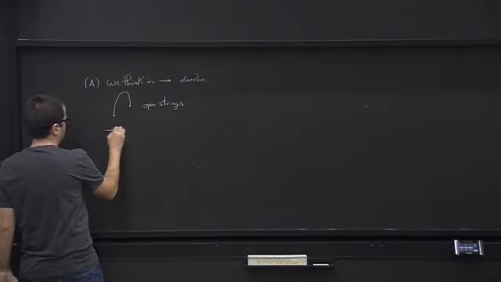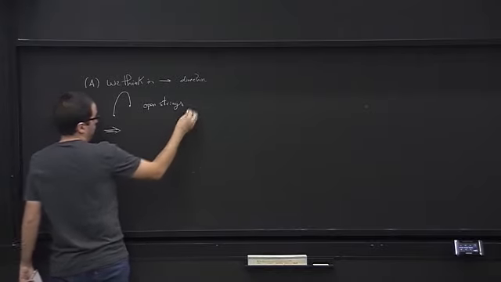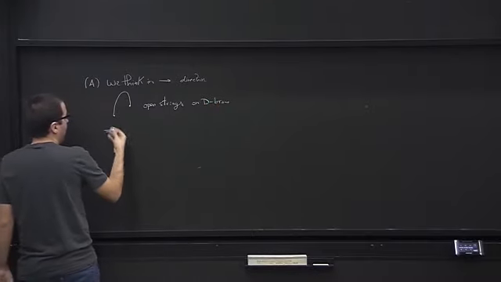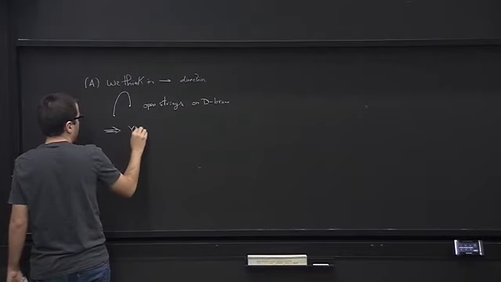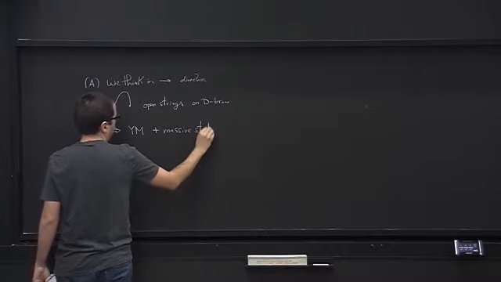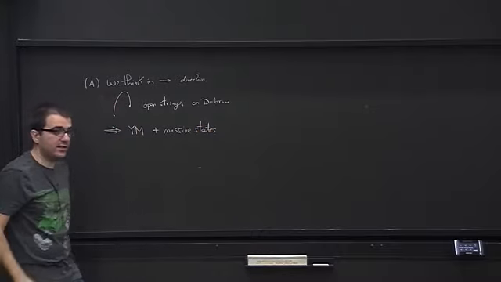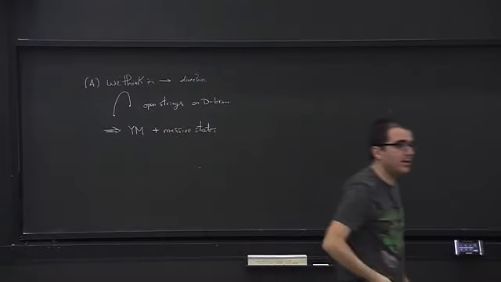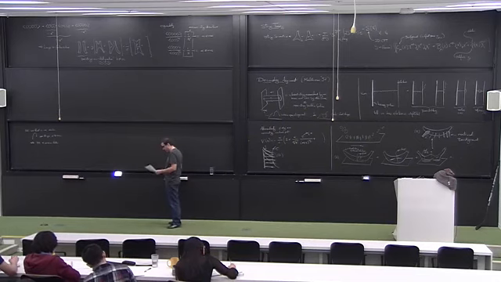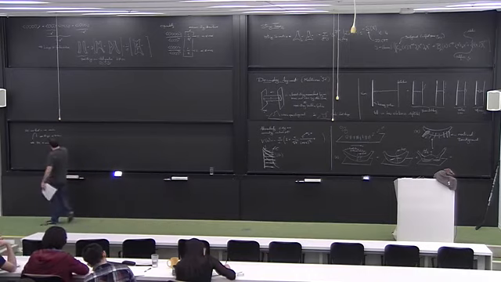And open strings on the D-brane, which is described by the massless spectrum, which is Yang-Mills, plus massive states. Okay? So there are some open string excitations that are massless. They describe the fields in Yang-Mills theory. And then there are some fields which are massive that describe massive string modes. Very good. There are infinitely many. So this is the description on one side.